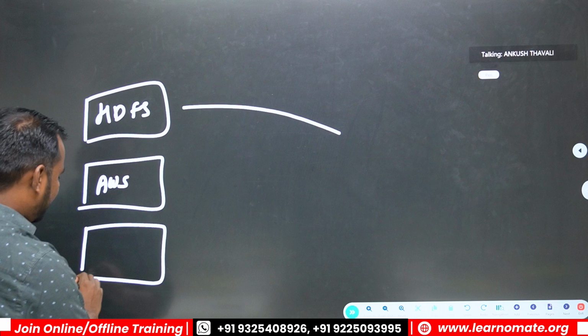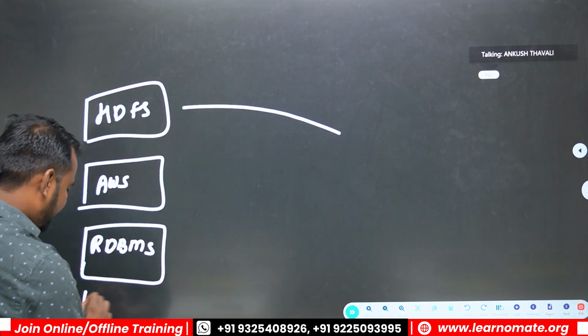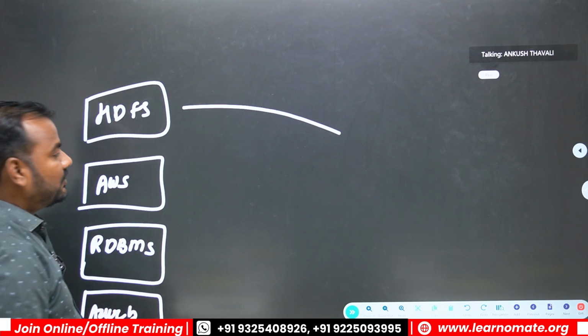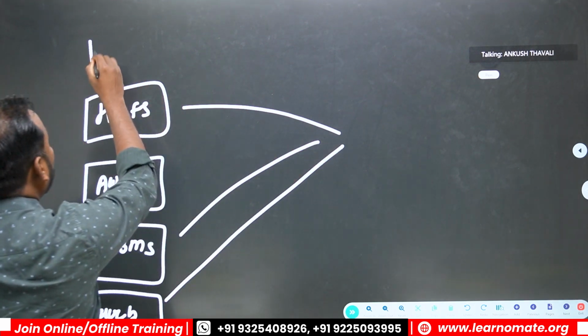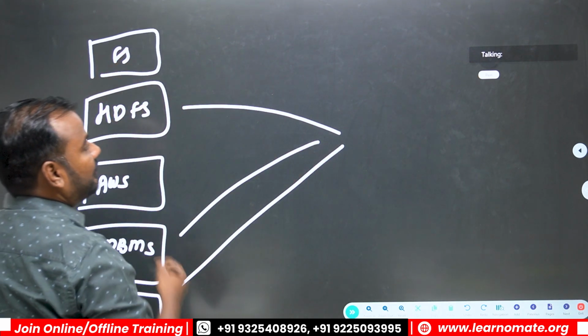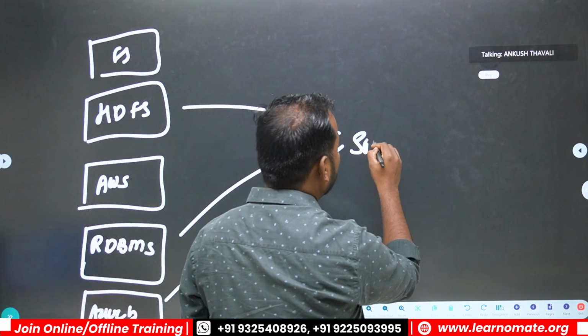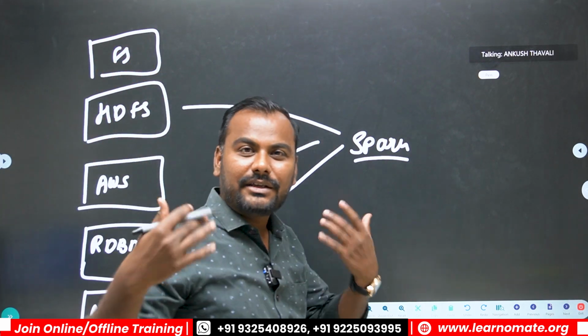Let's say my data is available in an RDBMS database, or in Azure blob storage. So irrespective of where your data is available, even on your file system, you can pull out the data with the help of Spark. No problem.